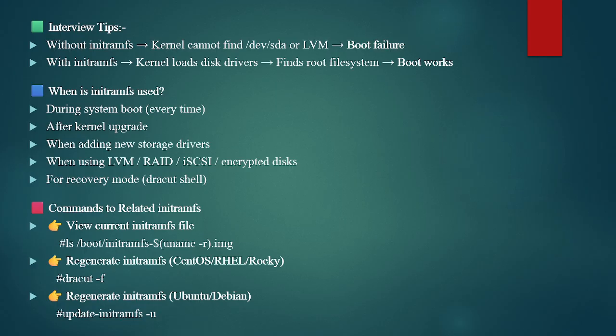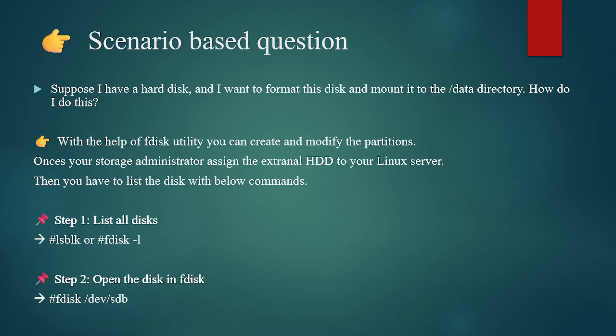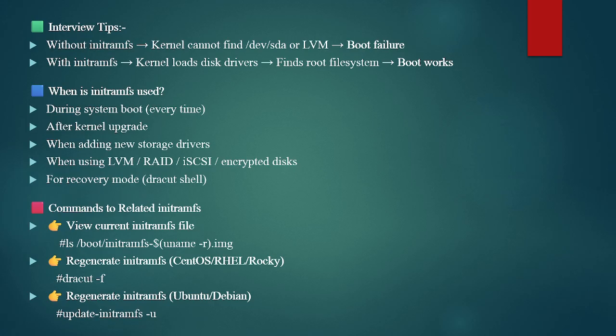There are some commands related to initramfs. To view the current initramfs file, go to the /boot directory with cd /boot. In that directory, you can run the ls -lrth command, and then you can find the initramfs.img file.